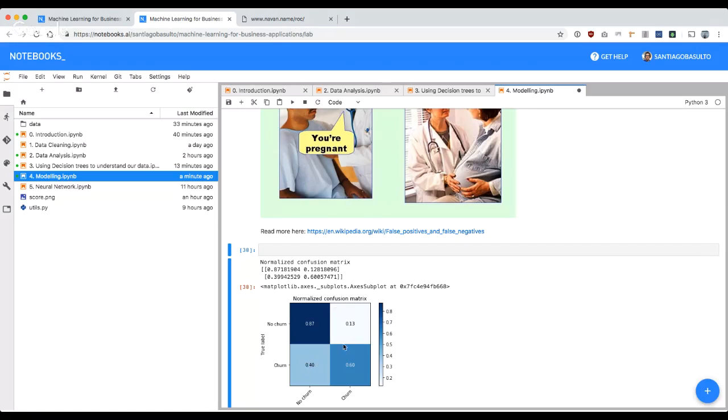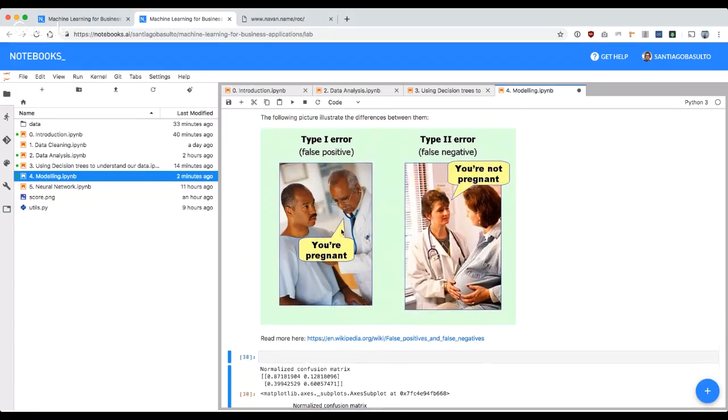Now, what is going to happen here is that not both these errors are the same. Sometimes it's better to have more false positives. So this is a very good example. A false positive is a false alarm. It's like you're reacting to something even though that is not the case. So for example, in this case, a doctor is telling his patient that she's pregnant. This is a false positive. You're pregnant.